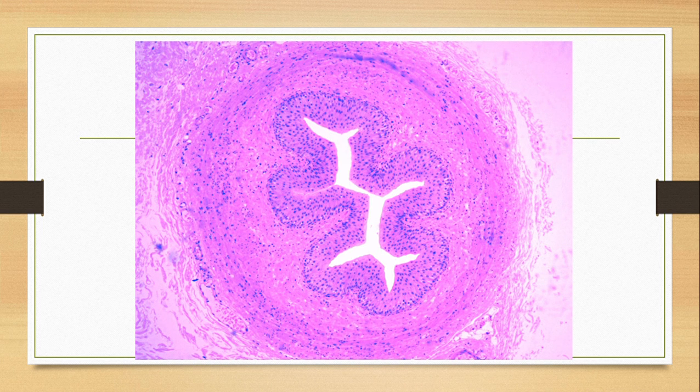Here also there is a cavity or lumen inside the ureter for the passage of urine. It is a tubular structure, so for the passage of urine there is a lumen inside.